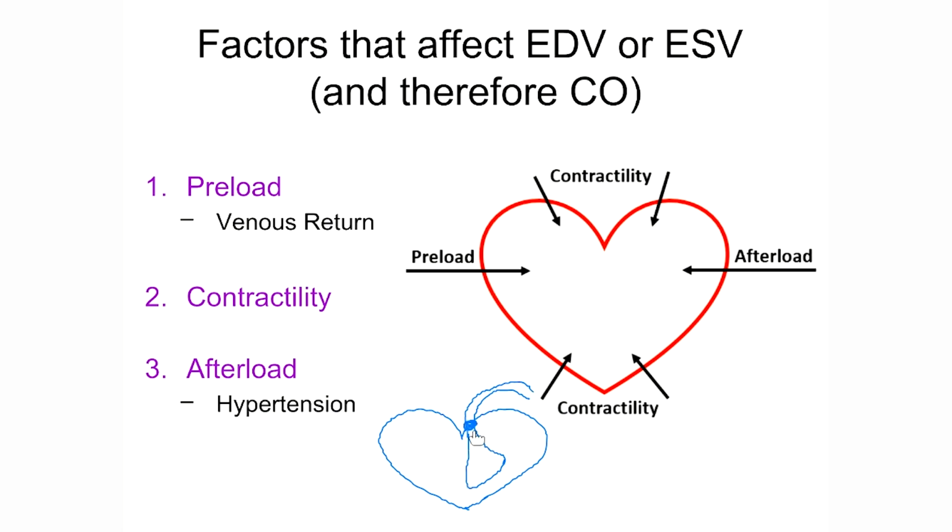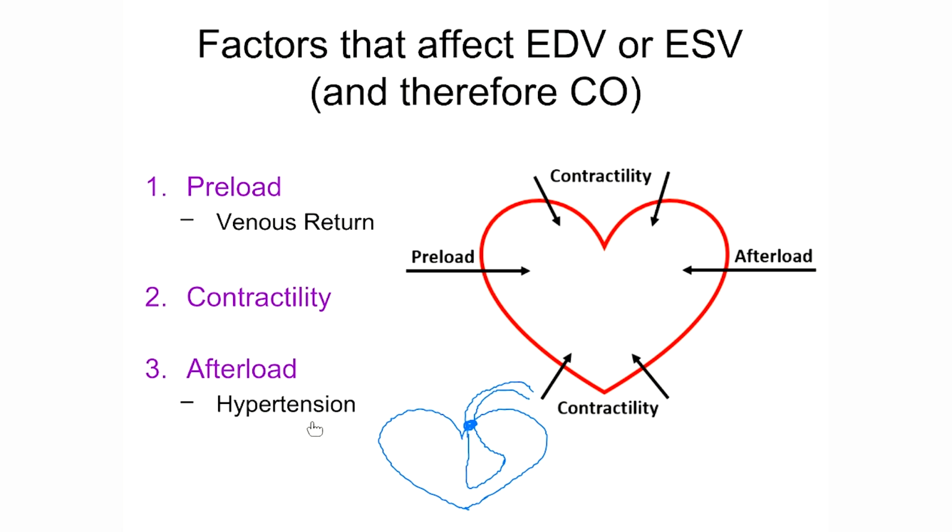And if we do that, then we overcome the afterload, and that opens up this valve and allows the blood to move from an area where we've generated a higher pressure into an area where there's a lower pressure.